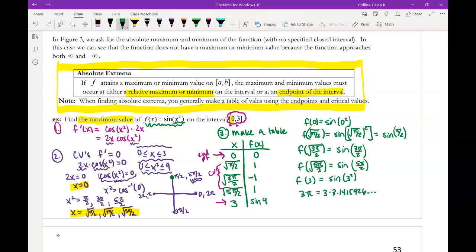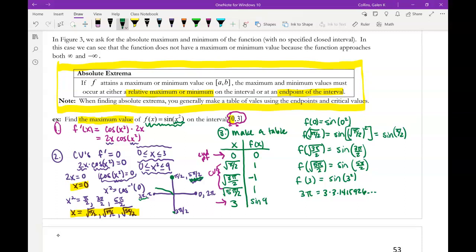So I know that 3 times that number is a little bit more than 9. So 9 in radians would be over here-ish. It would be before we get to 3 pi on the unit circle, but after we pass 5 pi over 2. So we have to use a little number sense.